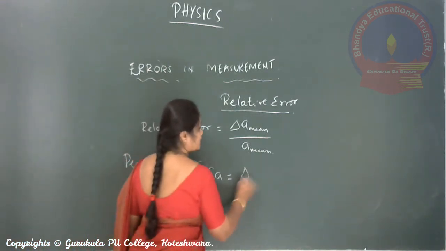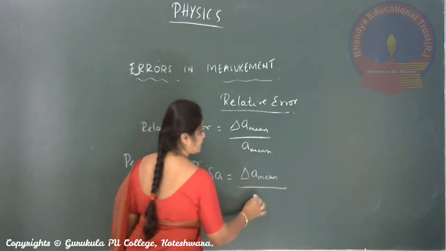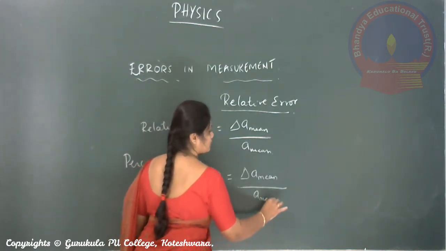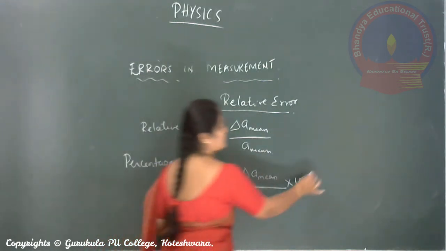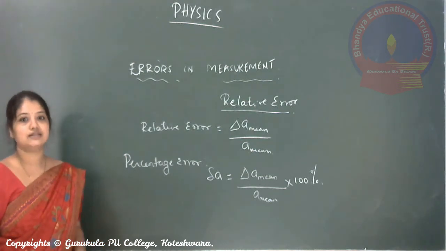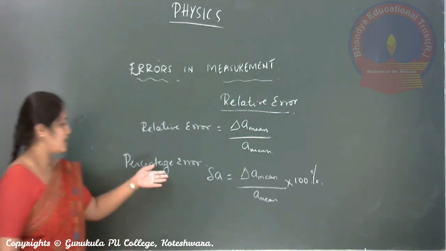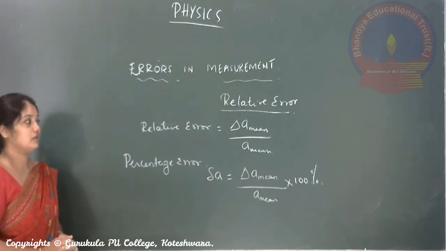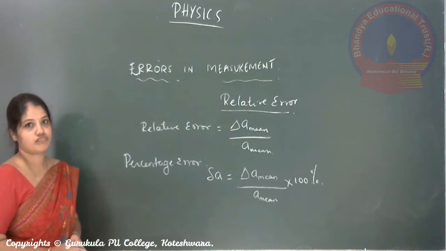Delta A of mean divided by A of mean into 100. This will be expressed in terms of the percentage, and this will give me the percentage error and the relative error.